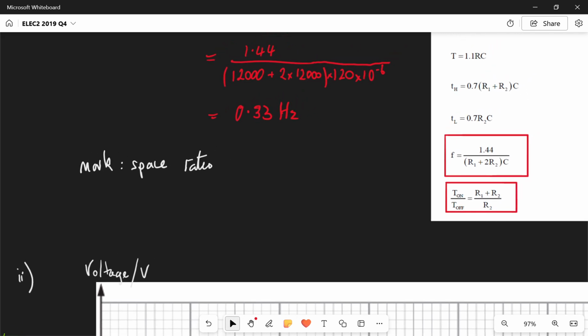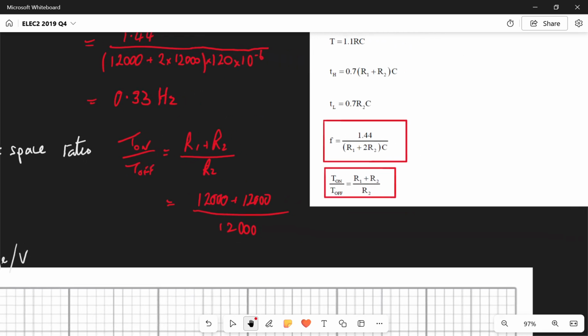Right, mark space ratio. Now again, pretty straightforward. We know that time on over time off is going to be R1 plus R2 over R1, in fact, so R2, and that's going to be 12,000 plus 12,000 over 12,000.